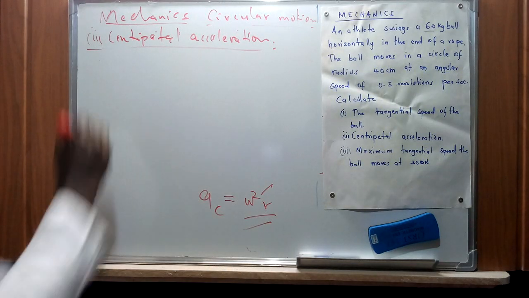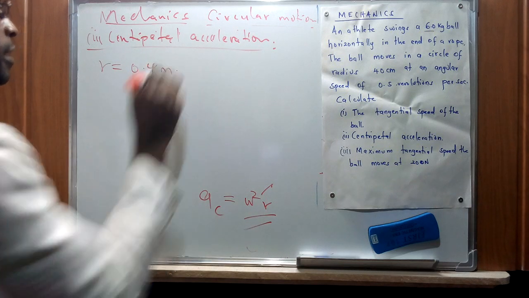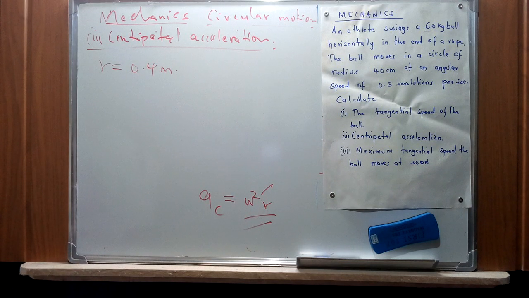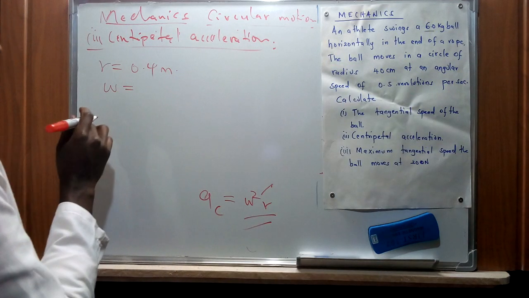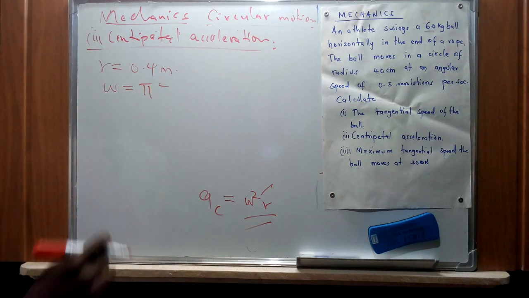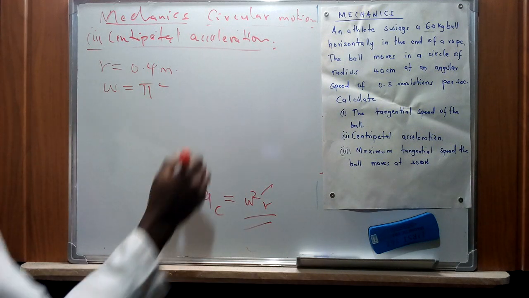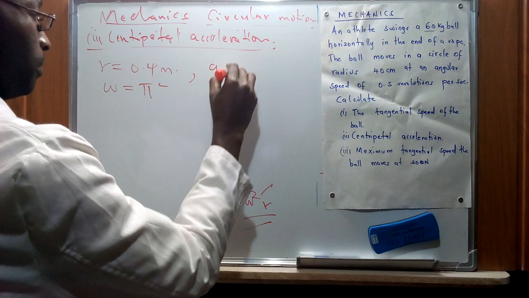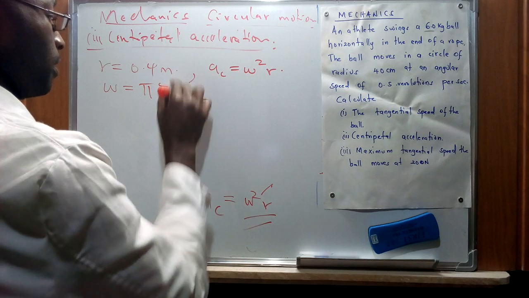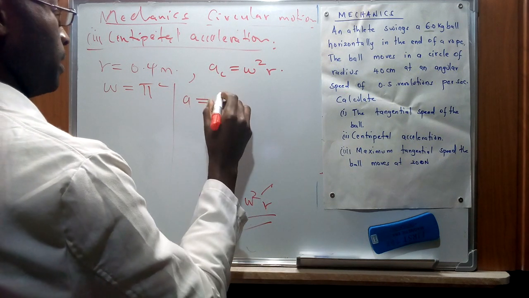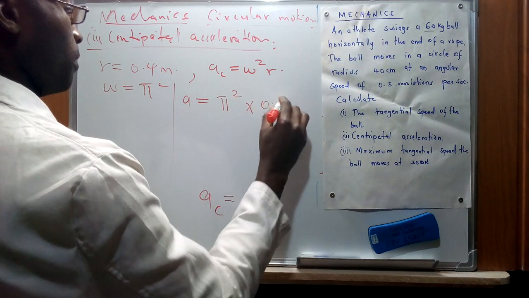So therefore, given that the radius, of course, is 0.4 meters, which is 40 centimeters, and then we have got omega, which of course was 0.5 revolutions, which is pi radians. So in this case, from the formula that we have written here, given centripetal acceleration equals omega squared r, doing a substitution for this, we'll find that centripetal acceleration equals pi squared times 0.4.